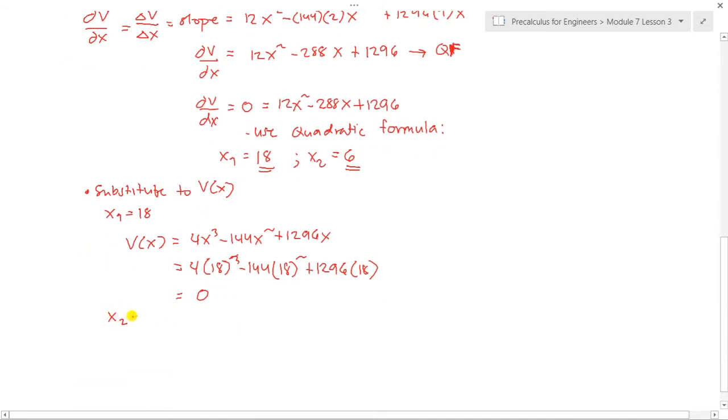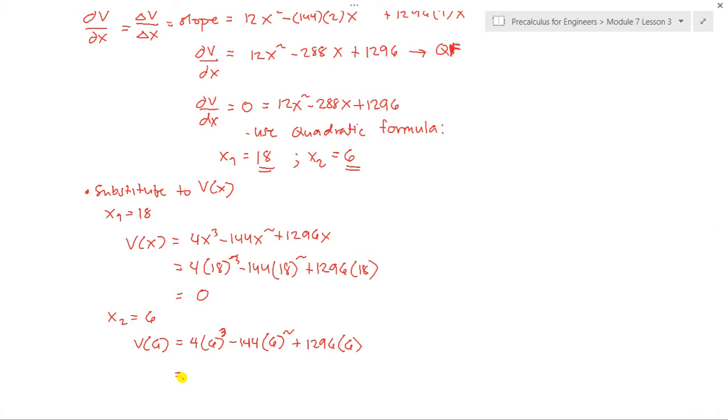If x sub 2 is equal to 6, what would happen? V of 6 is equal to 4 times 6 cubed minus 144 times 6 squared plus 1296 times 6.